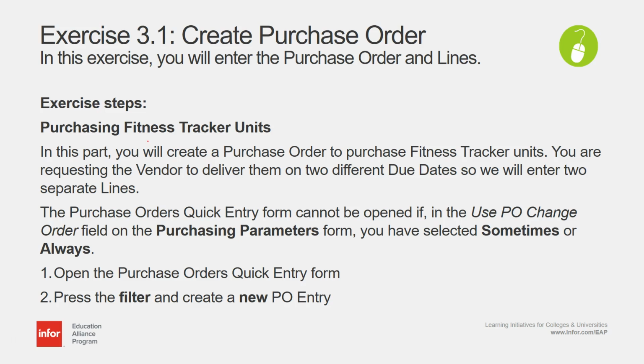So now we're going to start with exercise 3.1, where we will actually create our first purchase order and add some line items to the purchase order. So I'm going to log on to Mingle, and if you are following along, it is page 54 in your workbook.